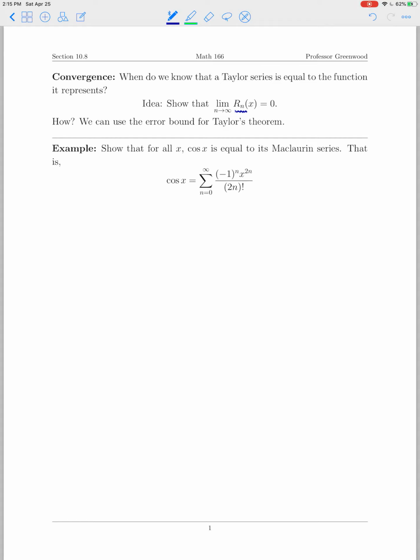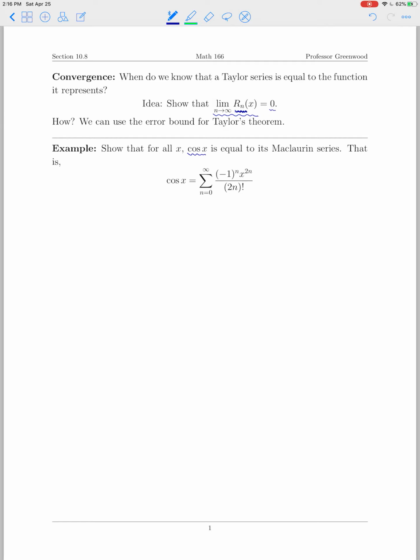In other words, we can take the limit of this error function as n goes to infinity, which just means that we're taking a Taylor polynomial that's longer and longer, and we can show that the error goes to 0. If we can show that, then we know that the Taylor series is equal to the original function.